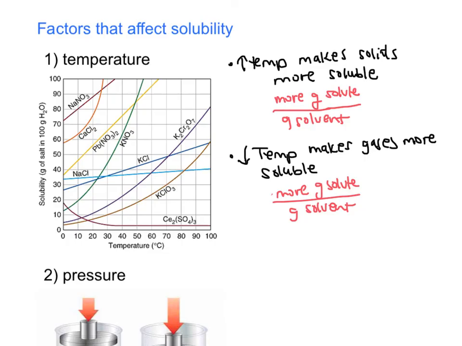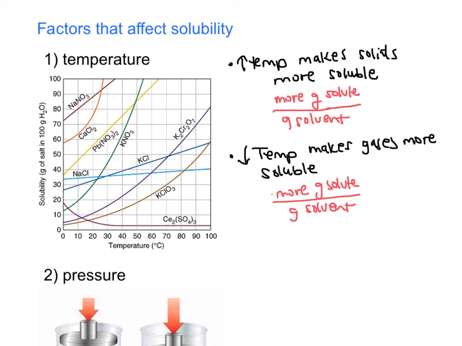All right, and finally, let's talk about factors that would affect the solubility of a solvent. So remember our solubility curve. You know that if you increase the temperature of a solution, that's going to make solid solutes more soluble. So that means more grams of solute would be capable of dissolving per gram of solvent.